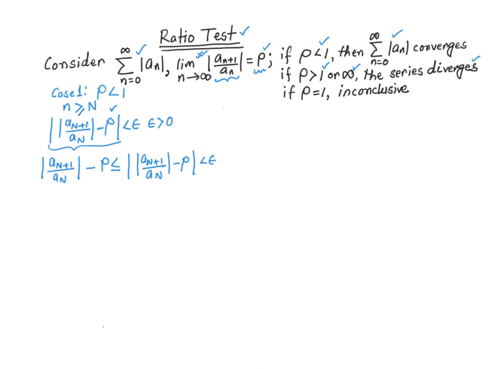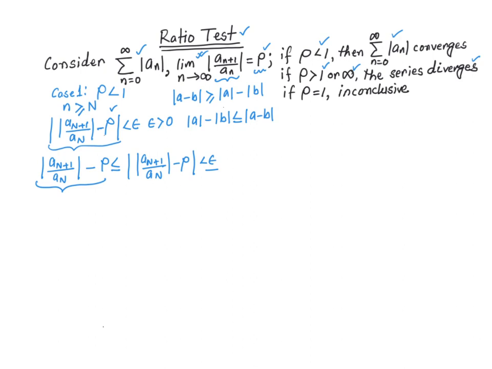Remember, here I use this property: the absolute value of a minus b is greater than or equal to the absolute value of a minus the absolute value of b. But I used it in the reverse order, or just said the absolute value of a minus the absolute value of b is less than or equal to the absolute value of a minus b. That's what I used.